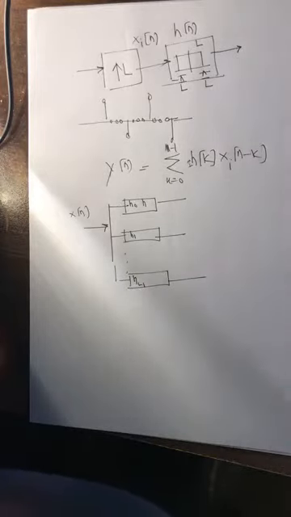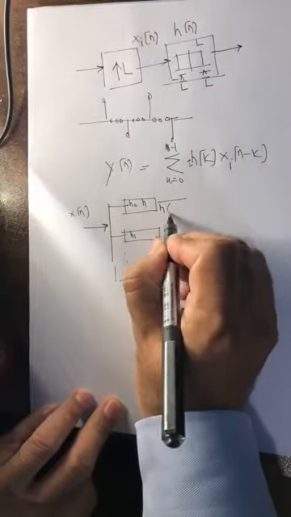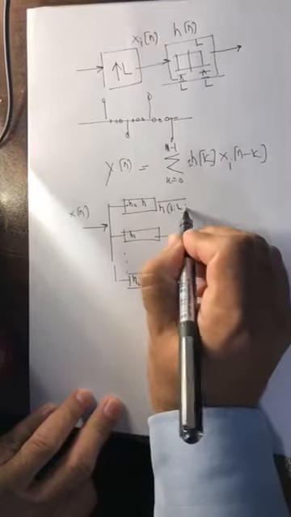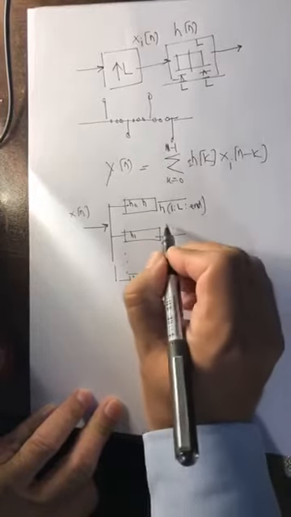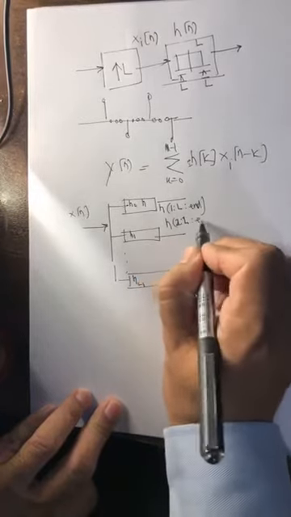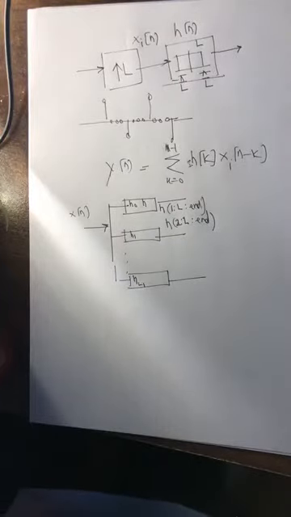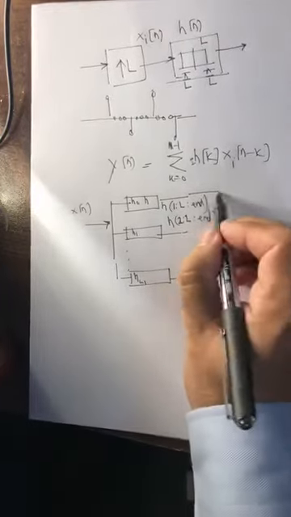A simple MATLAB code can basically help you do this. So you would have H0 as H1 colon L colon N, and H1 as 2 colon L colon N will make the second filter. So MATLAB code is very simple to actually implement this.